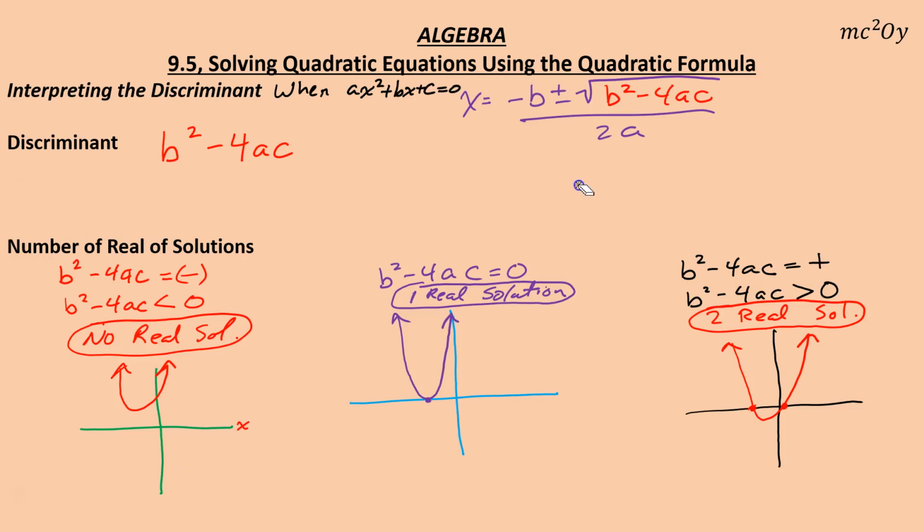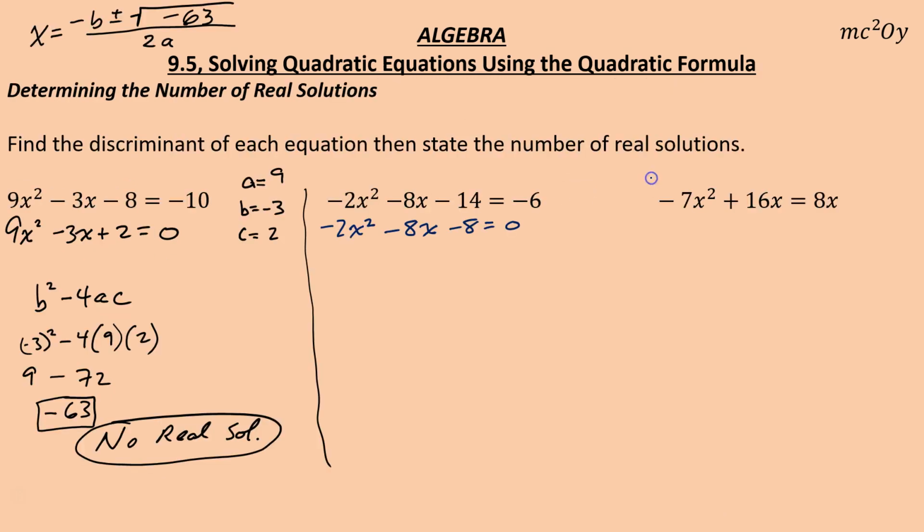A is, well, unbelievable there. Let's fix that up. A is negative 2, B is negative 8, and C is negative 8. Okay? Well, B squared minus 4AC. Okay, well, B squared, that's negative 8 squared minus 4 times negative 2 times negative 8.